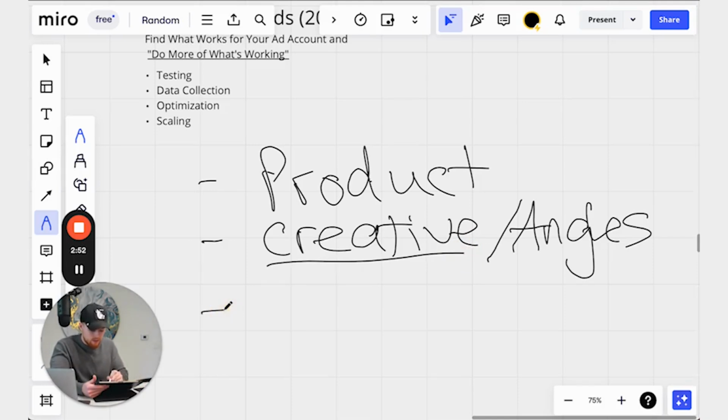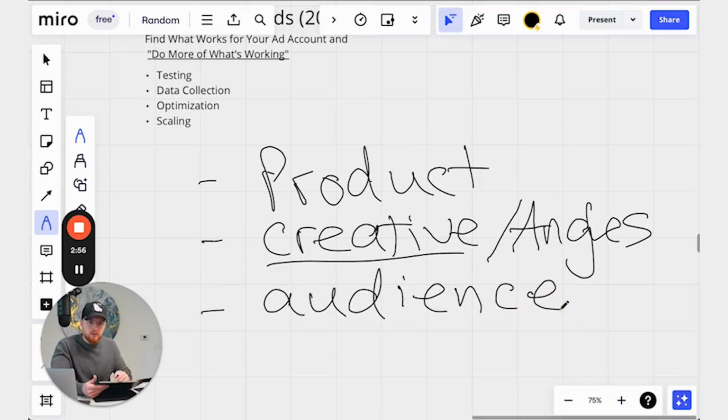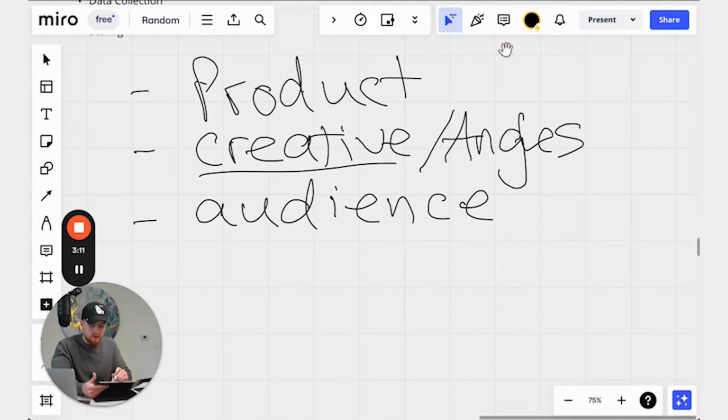The other thing is that you might be testing audiences. A big push for moving into 2024 is opening up your audiences, going broad, going with big interests, and letting Facebook do its thing. So you might test out different interests. You might test out broad audiences.